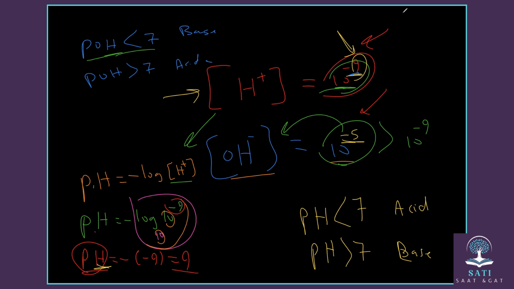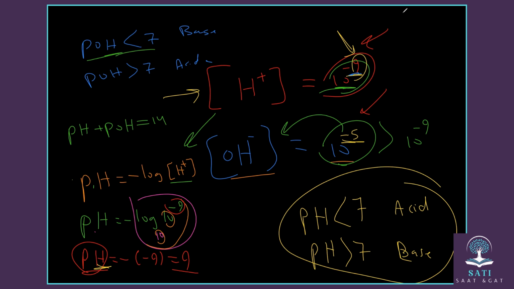And pOH plus pH give you 14. So you can memorize one of them, and from it you understand the other one.